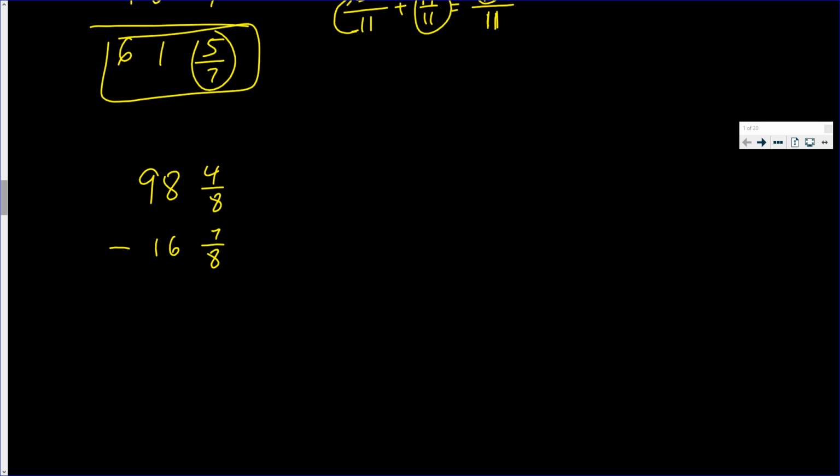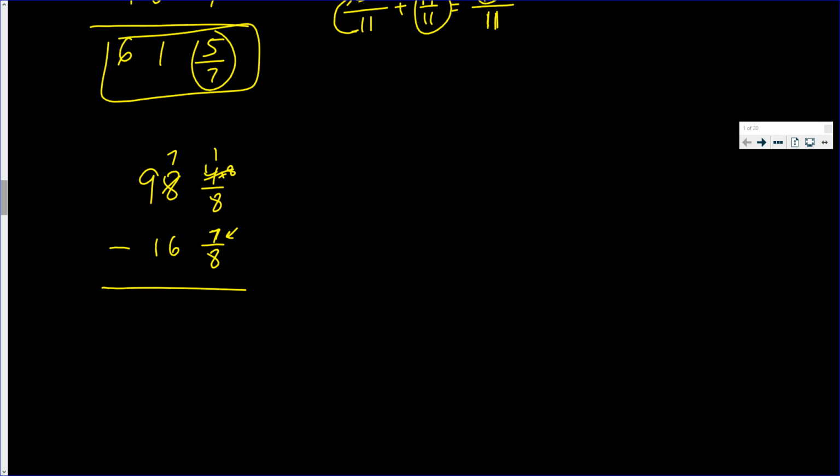Okay, so we have the same old problem. You only have 4/8, and you're trying to take away more than 4/8. Trying to take away 7/8. So you have to borrow 1 and add 1 to the fractional part, which just means you have to add 1, which is 8/8.